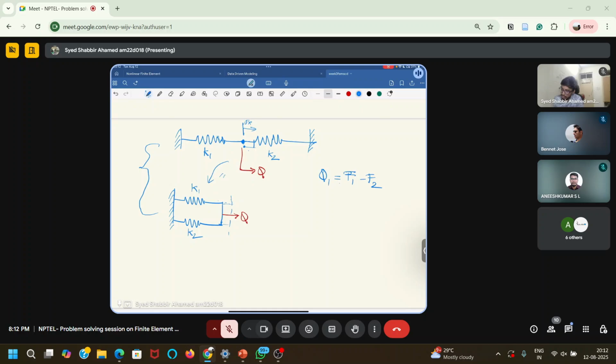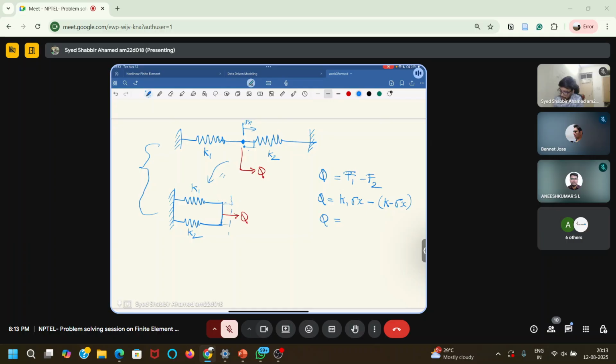So substituting, you can write Q equals, because the first spring will undergo delta x, and the second spring will also undergo delta x, but in the negative direction, right? So that will be negative delta x.